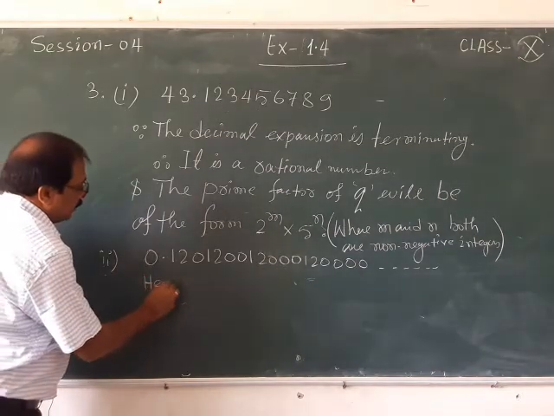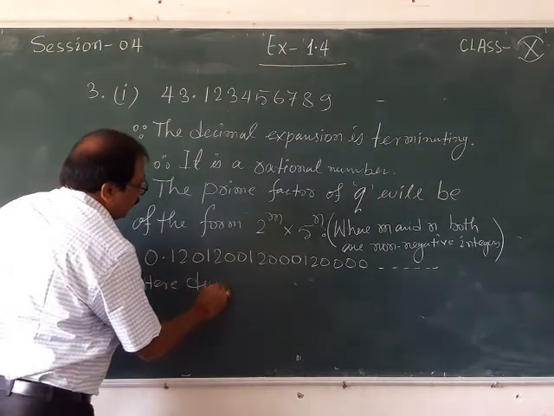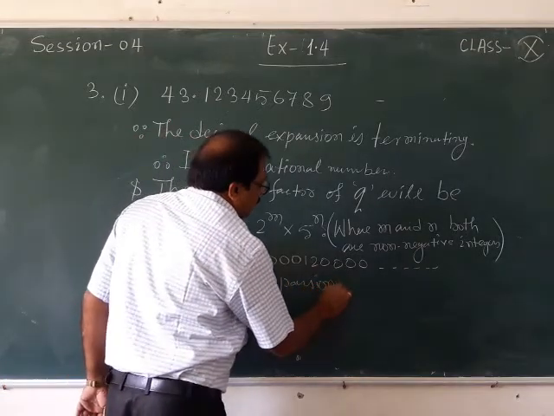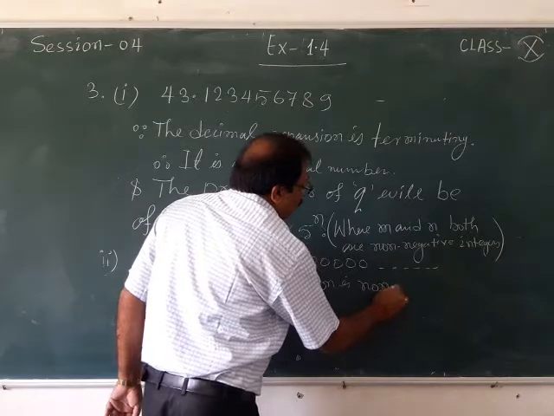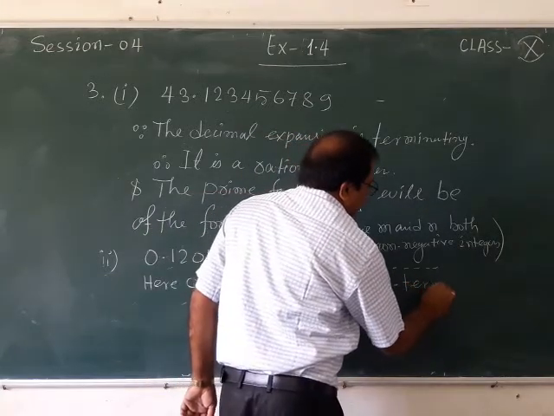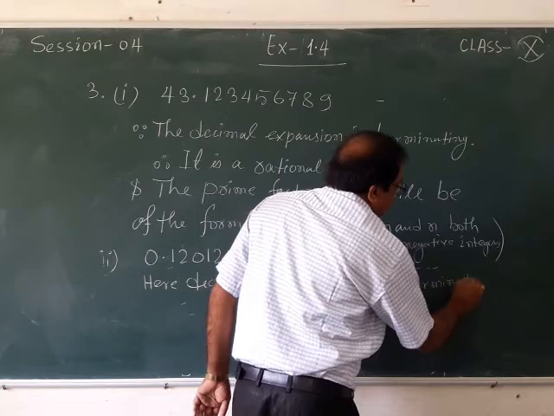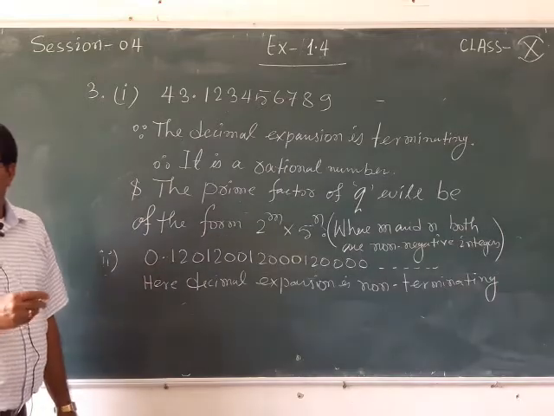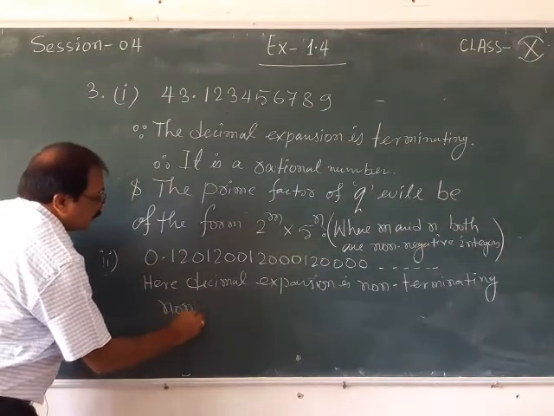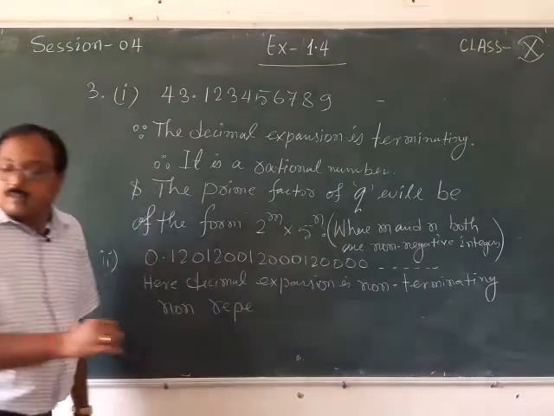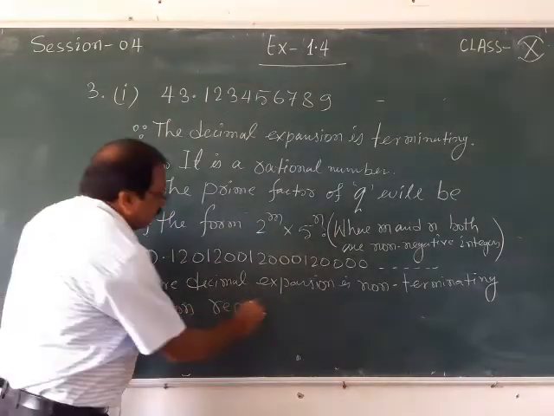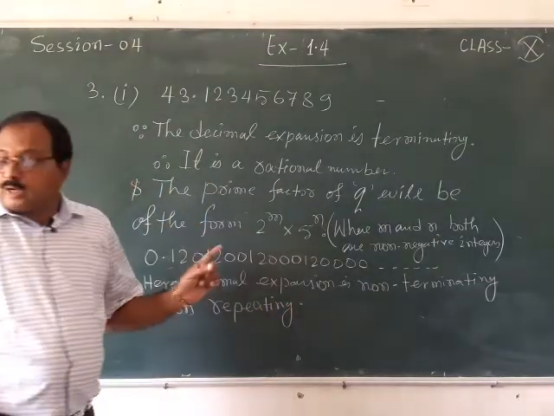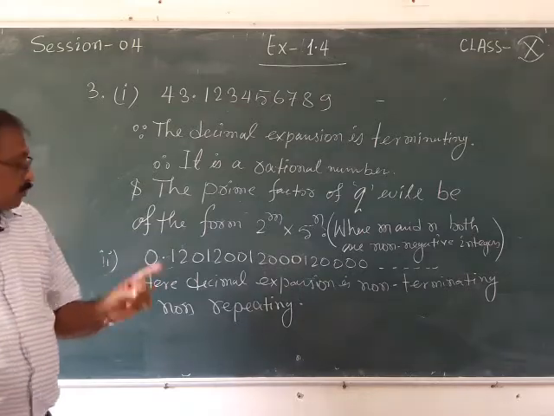Here the decimal expansion is non-terminating, non-repeating, and you cannot write this number in the form p by q.